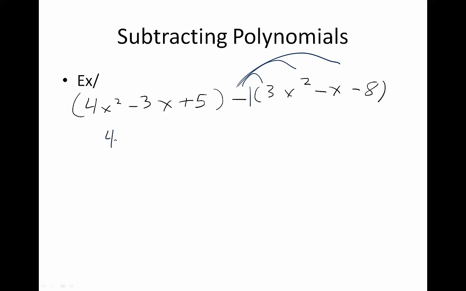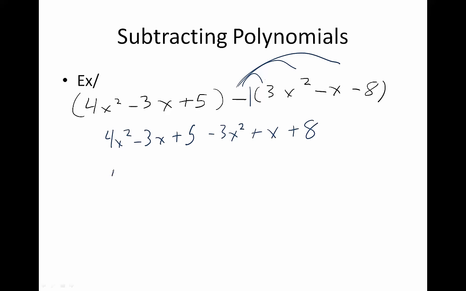So this is 4x squared minus 3x plus 5 minus 3x squared plus x, because it's negative 1 times negative x is plus x. And then negative 1 times negative 8 is plus 8.